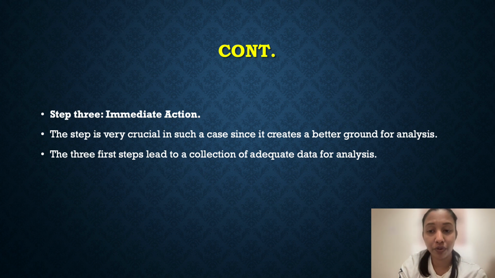Besides, it is pivotal to collect as much data as possible for adequate analysis. Therefore, the step is very crucial in such a case since it creates a better ground for analysis. The first three steps lead to a collection of adequate data for analysis.